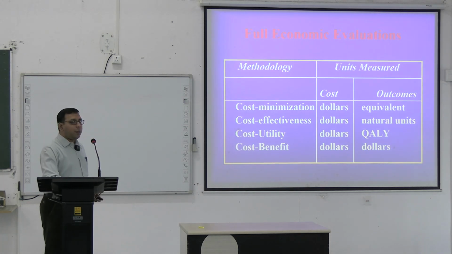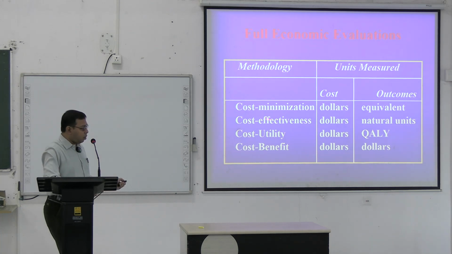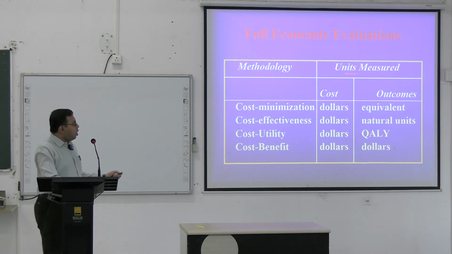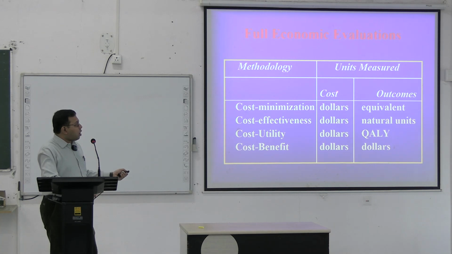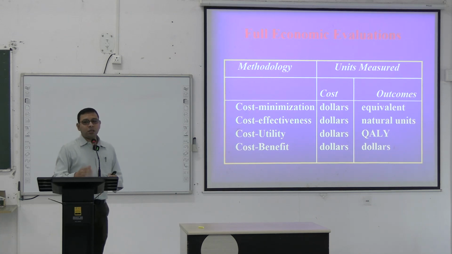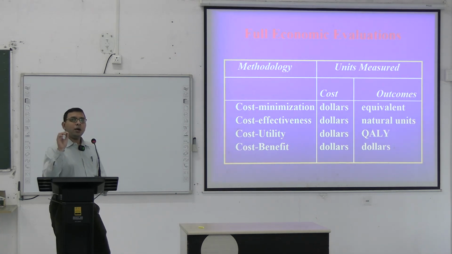For full economic evaluation, there are 4 types. One is cost minimization evaluation, then cost effectiveness, cost utility, and cost benefit. What are the units measured? The cost is usually measured in dollars or in rupees, and the outcomes are different. For example, in cost minimization, we are minimizing the cost just in terms of monetary units.